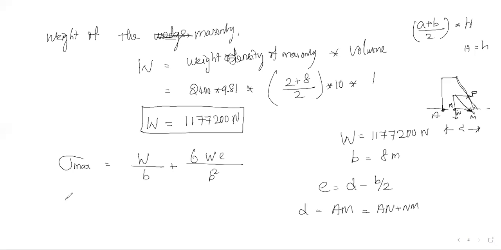So AN, what is the formula? We all know that A squared plus AB plus B squared divided by 3 into A plus B. This formula is for the distance AN.